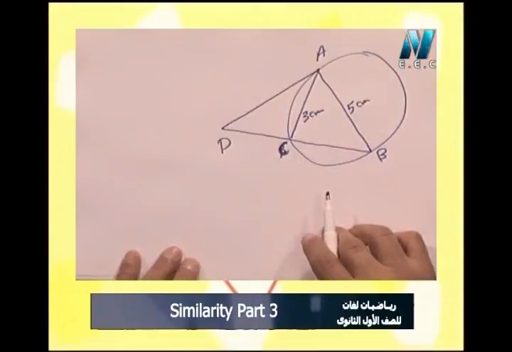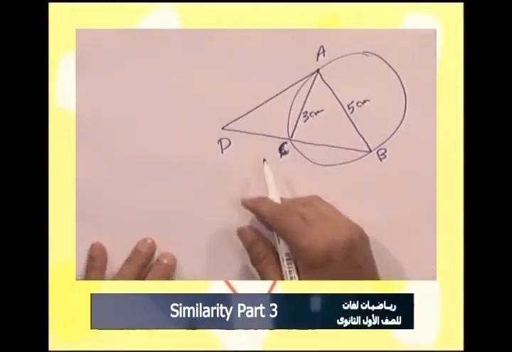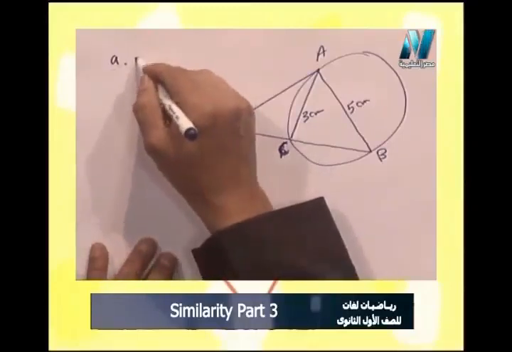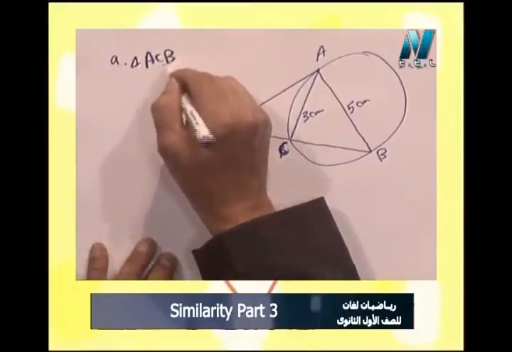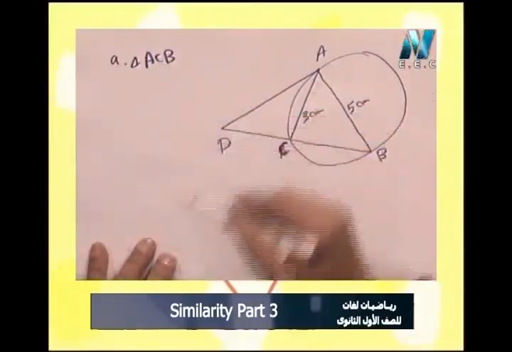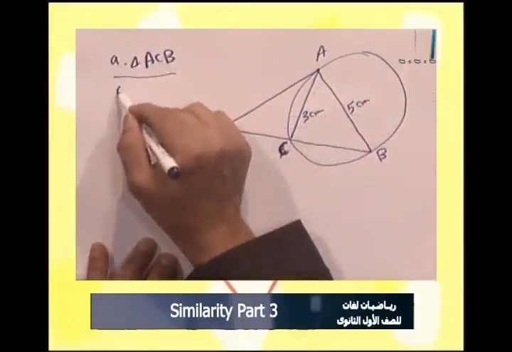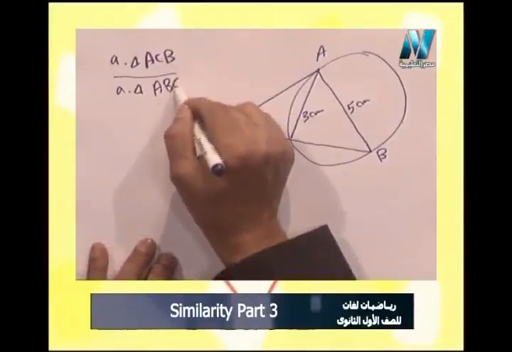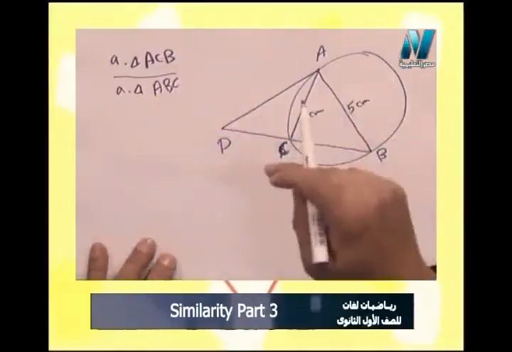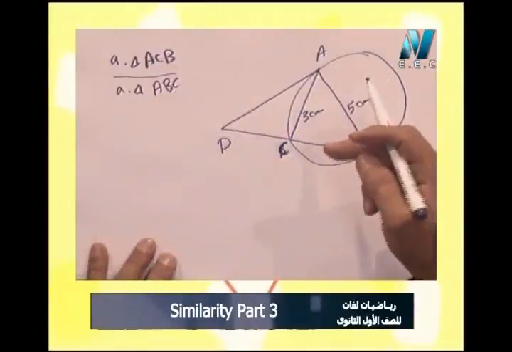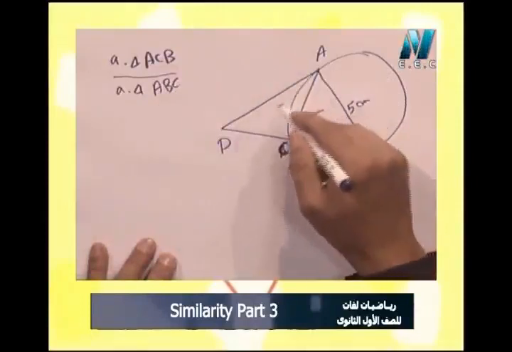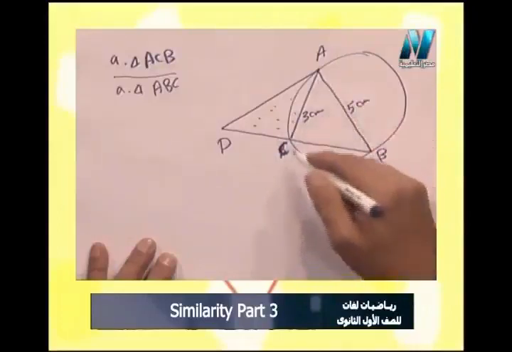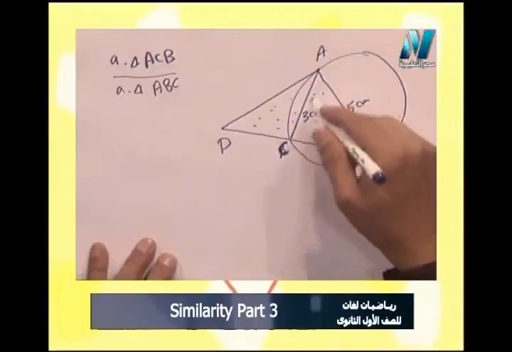The request is the ratio between the area of triangle ADC and the area of triangle ABC.